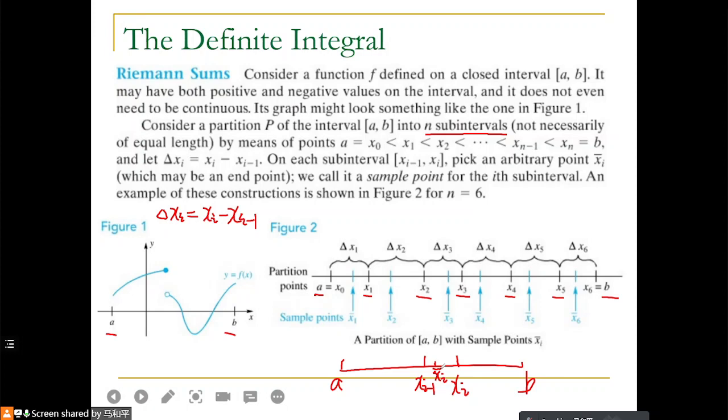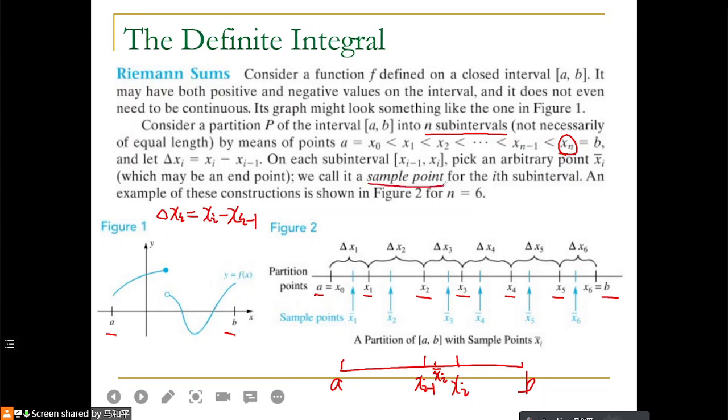An example of this construction is shown in figure 2 for n equals 6. Here a is x0, then x1, x2, x3, x4, x5, and the last one is x6, which is b. And delta x_i is still x_i minus x_{i-1}.